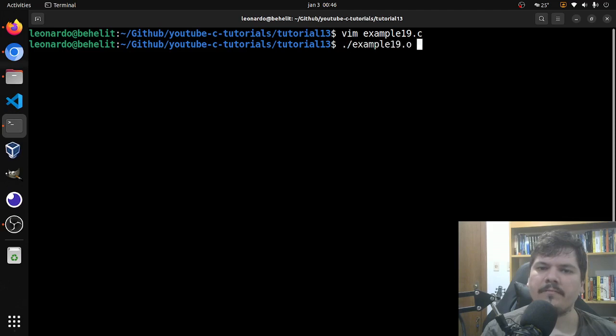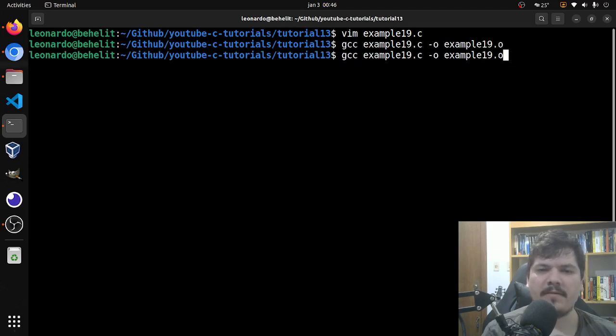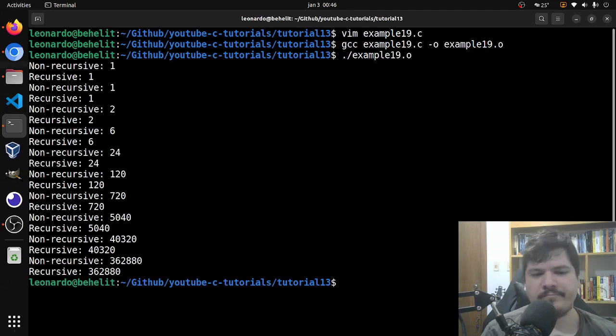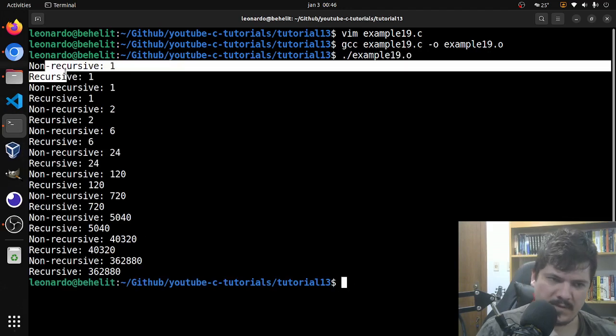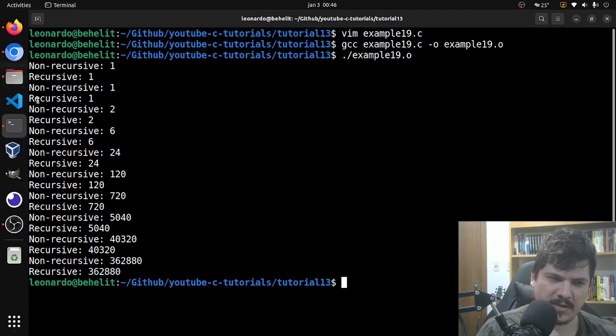Okay, so we expect it to converge, and there we go. We got the same result for the recursive as well as the non-recursive here. 1, 2, 6, 24, 120, and so on.